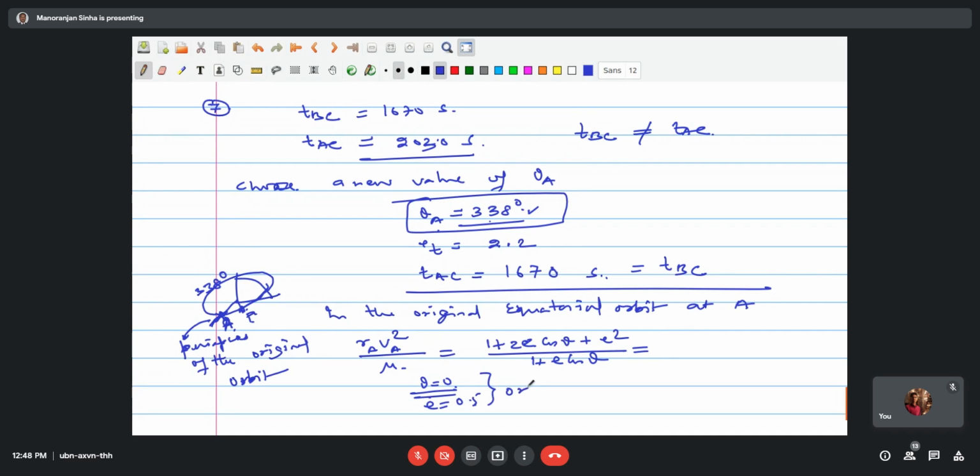This is for the original orbit. So this becomes 1 plus 2 times 0.5 plus 0.5 square, which is 2.25, divided by 1.5.